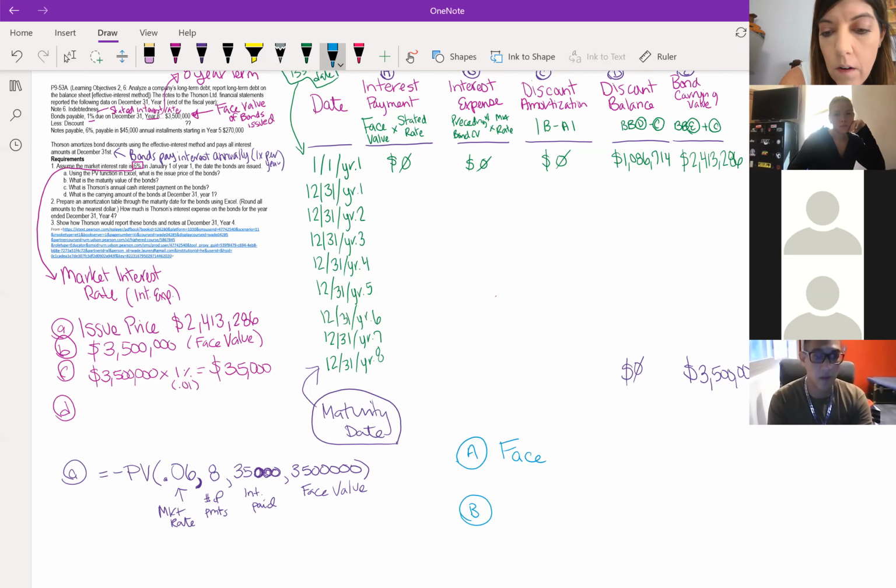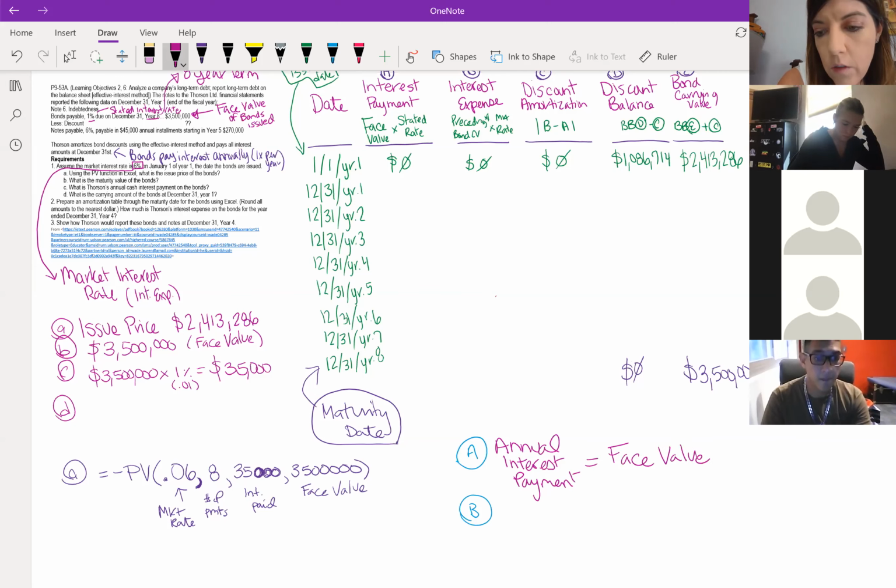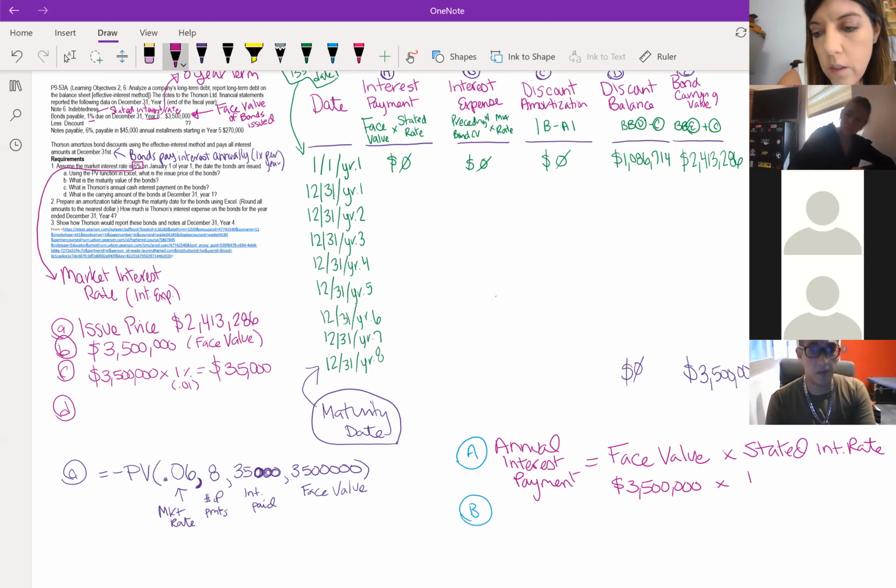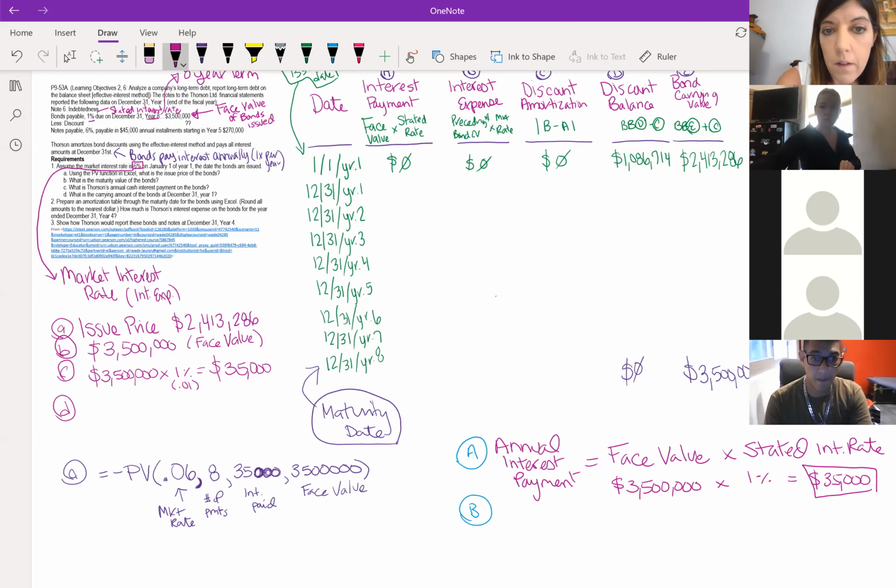Column A is our interest payment, annual interest paid. To calculate it, we took face value, the bonds issued, times the stated interest rate. So 3.5 million. These bonds pay out interest at 1% per year. So $35,000 was our annual interest payment for column A.